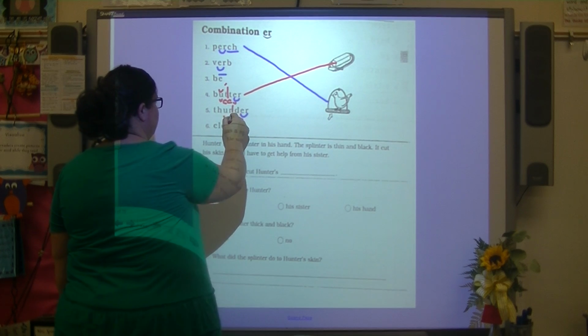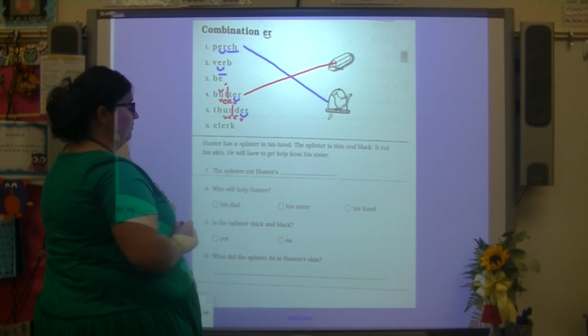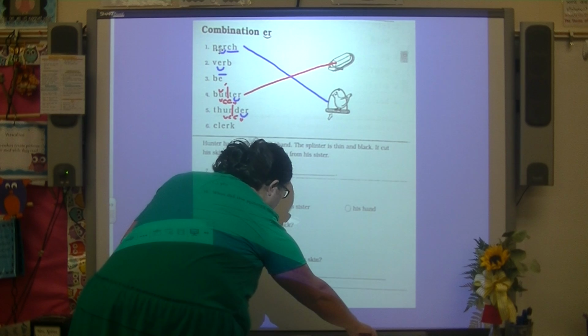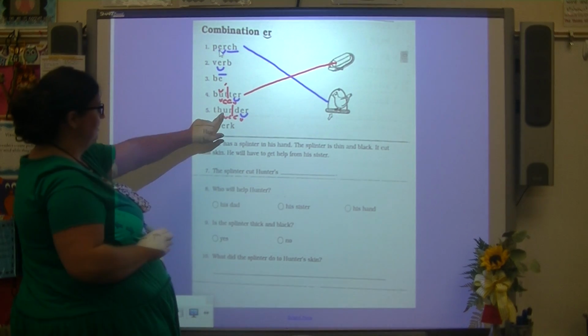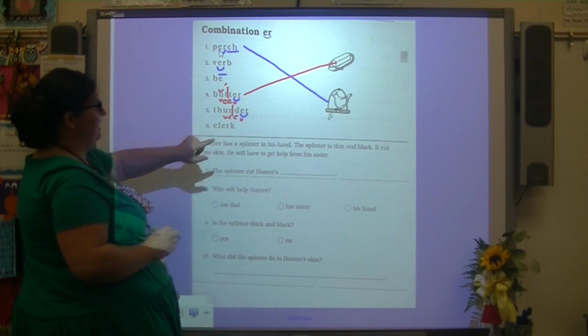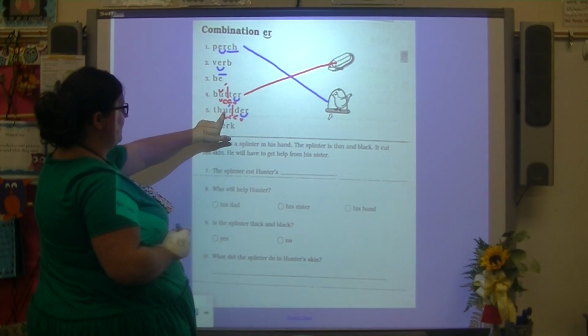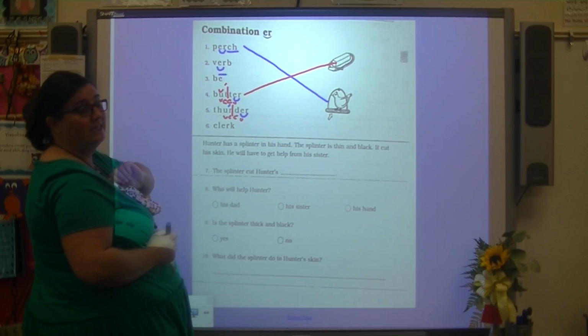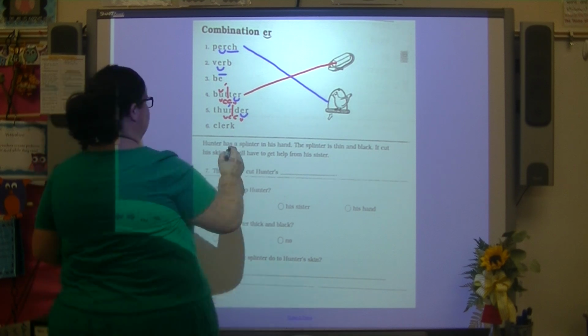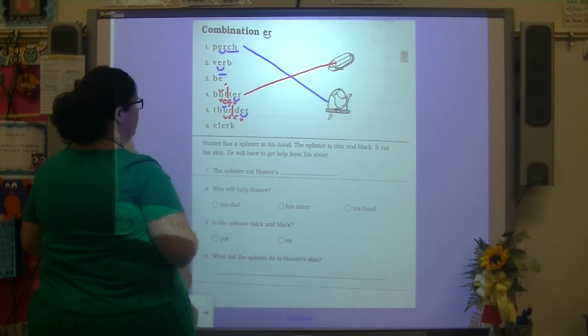Divide between our two vowels. Alright, so our accent is on the first syllable. Vowel followed by consonant is short. So we code it with a breve.